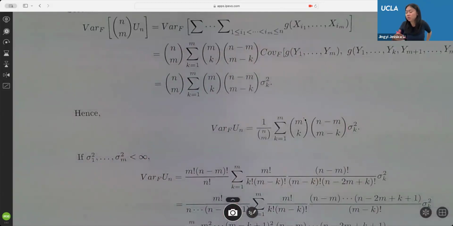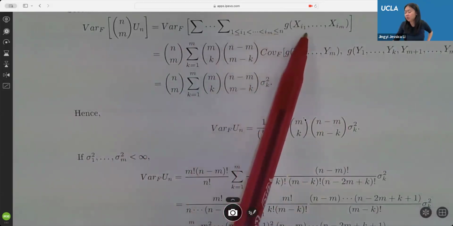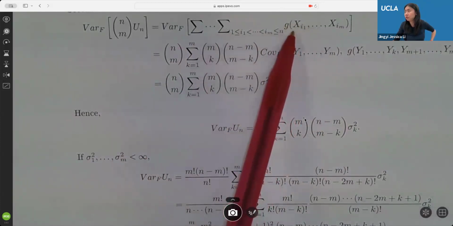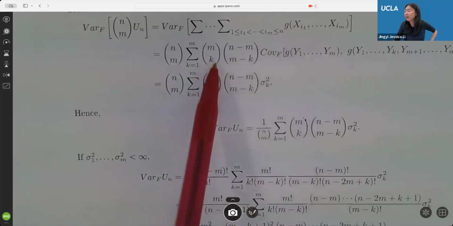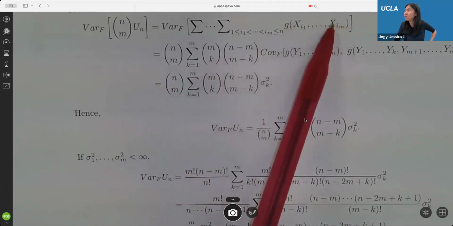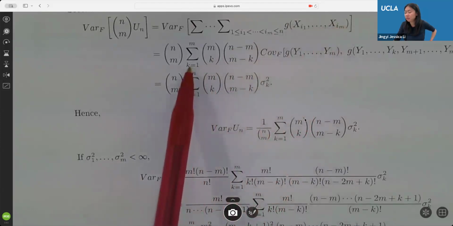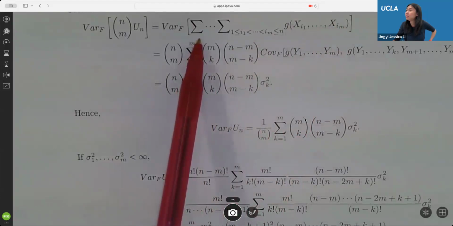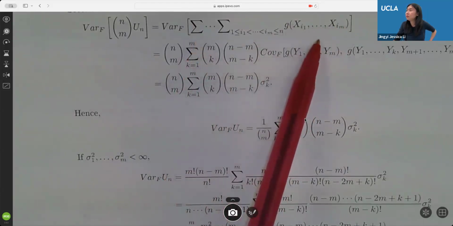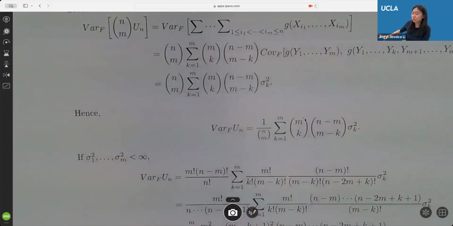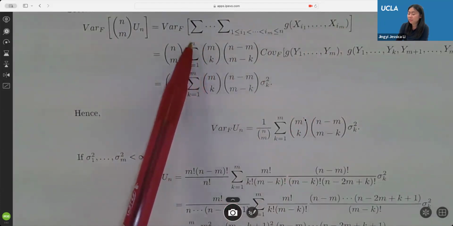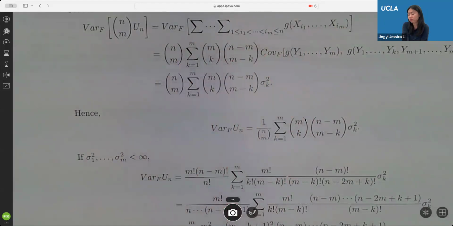That's why we consider all pairs, where two G function terms in the sum overlap by K. They share K random variables from the original sample. They could share 1 or they could share m. When they share m, they are identical, and the variance of two identical things is the variance. So that's why K goes from 1 to m: the overlap from 1 to m covers all possibilities.